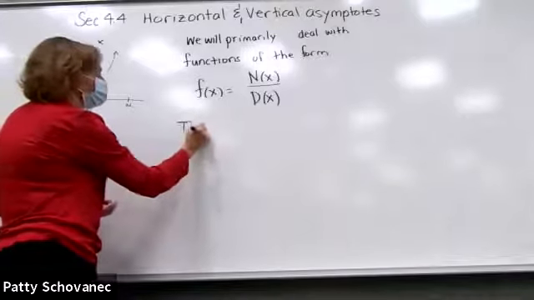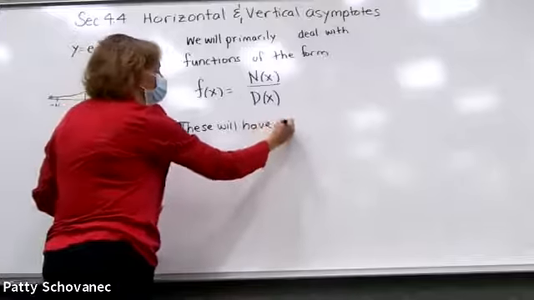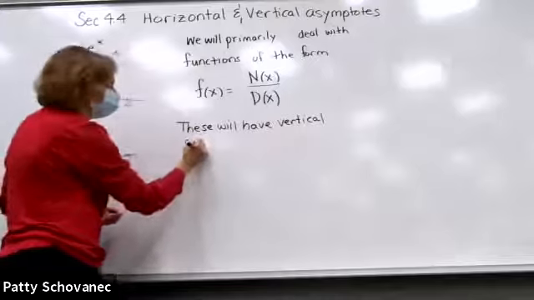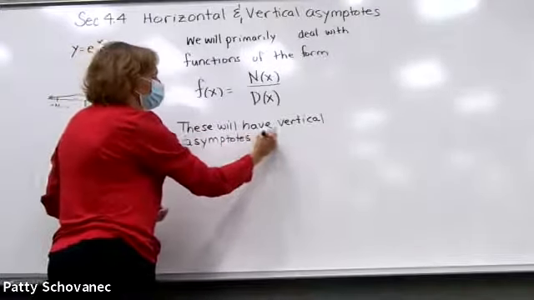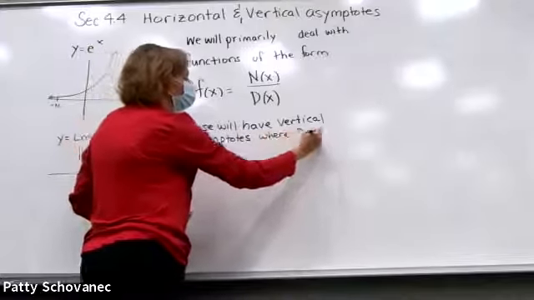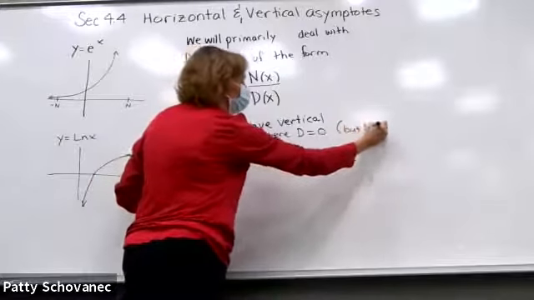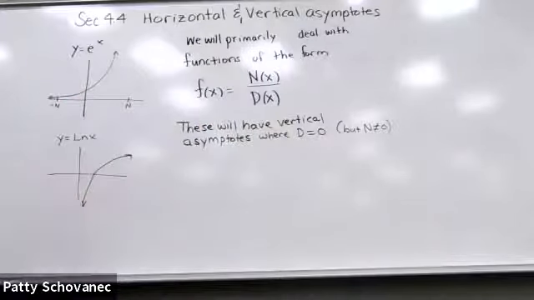So these functions will have vertical asymptotes where the denominator is 0, but the numerator is not 0, right? Because if they're both 0 at the same place, that just shows it's a hole in the graph. And we can eliminate that with a limit. But where the denominator is 0, but the numerator is not, is going to be a big old rip in the graph.